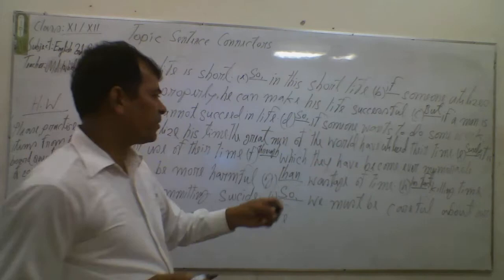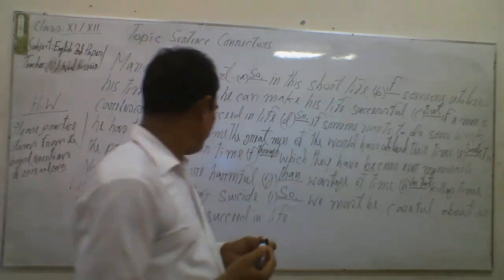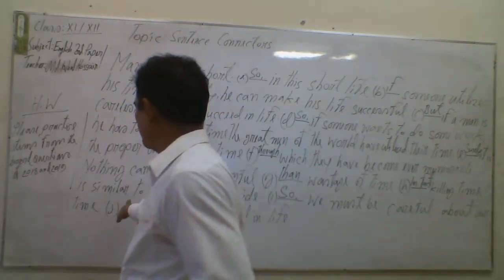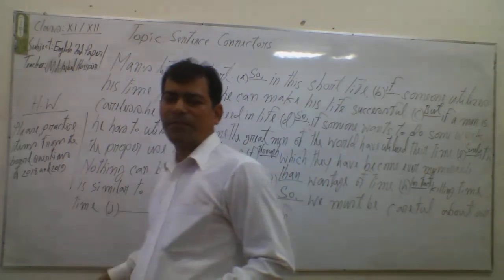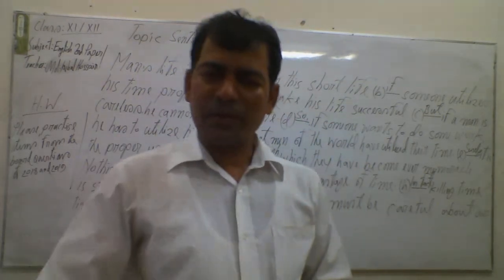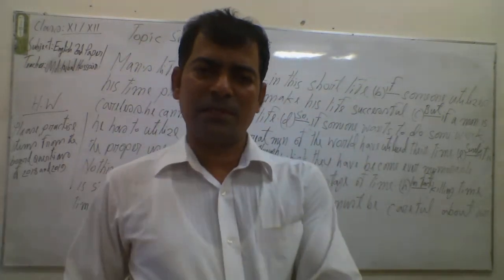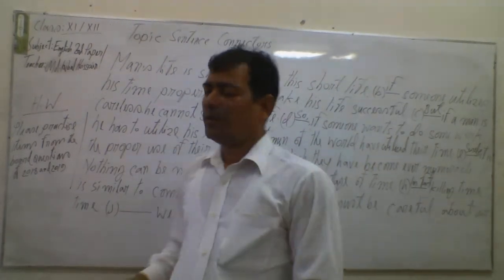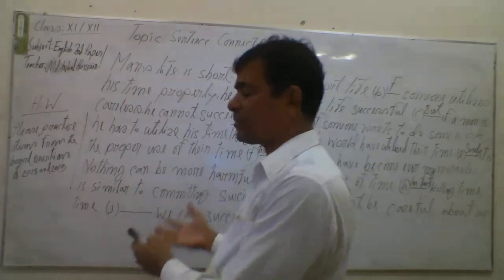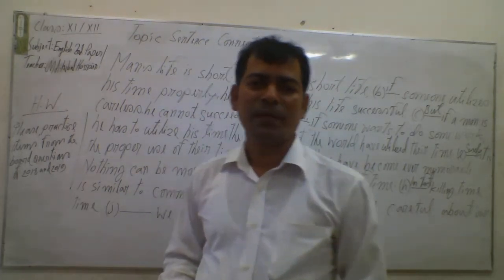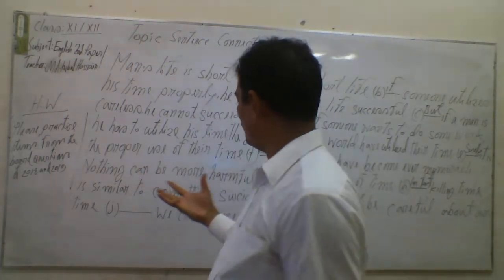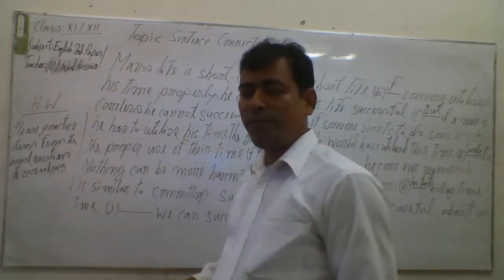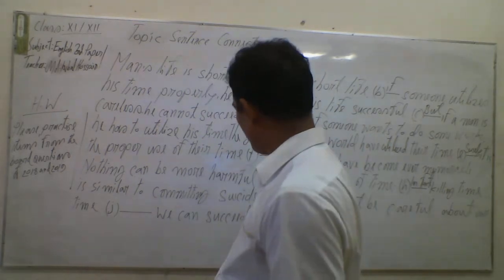Therefore, we are coming to a conclusion, for this reason, or therefore, or so. So we must be careful about our time, so that here we are coming to the conclusion of a process of ideas. So how can we succeed in life? What should we do? We should utilize our time so that we can succeed in life.